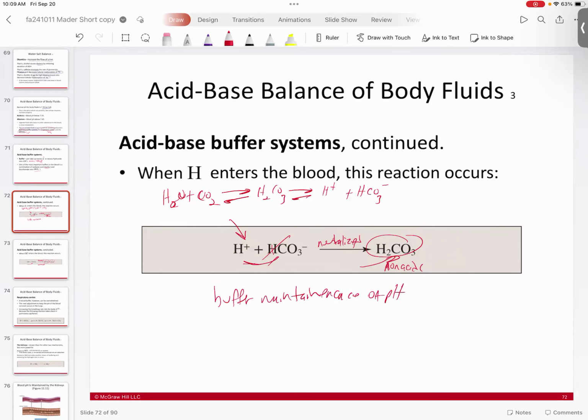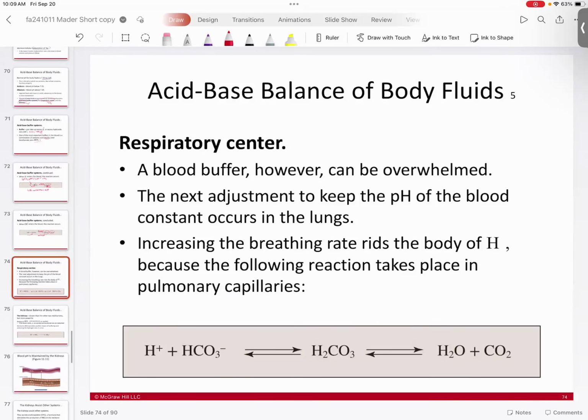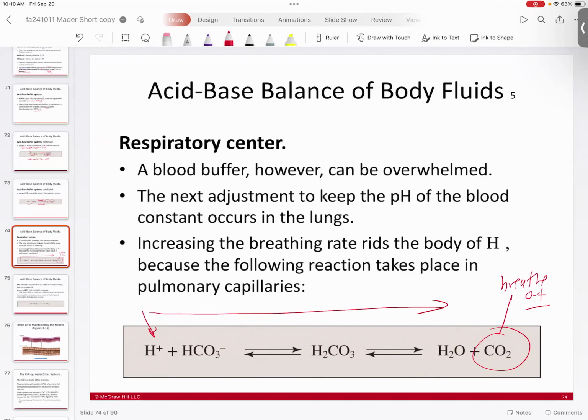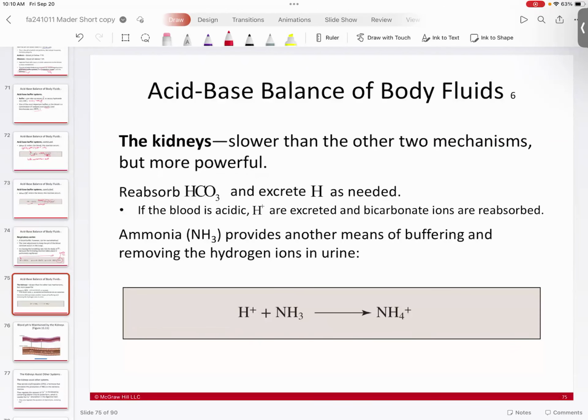Now, if the buffer gets overwhelmed, then we have to start employing our respiratory system. With an increase in hydrogen ion, it's going to push these reactions to the right, liberating CO2, which we can then breathe out. Once we breathe that out, we get rid of the CO2, and that brings the acidity back down. The alternative is the kidneys.